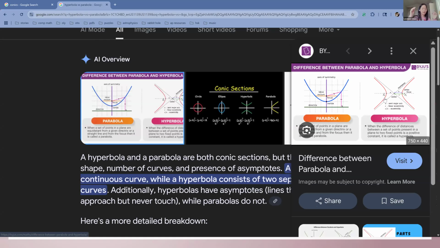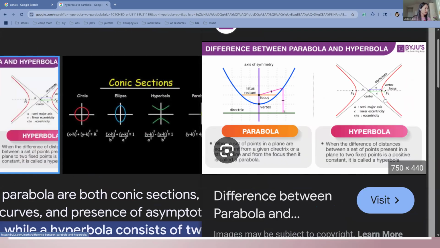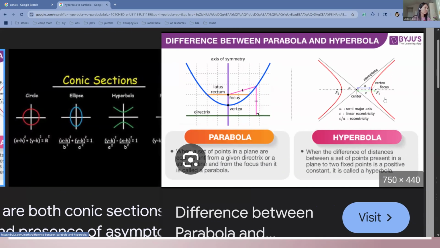A hyperbola is mirrored, so there are 2 of them, but a parabola has just one. A parabola will go for all x values, and reach all the positive y values or negative y values. But hyperbolas have asymptotes.